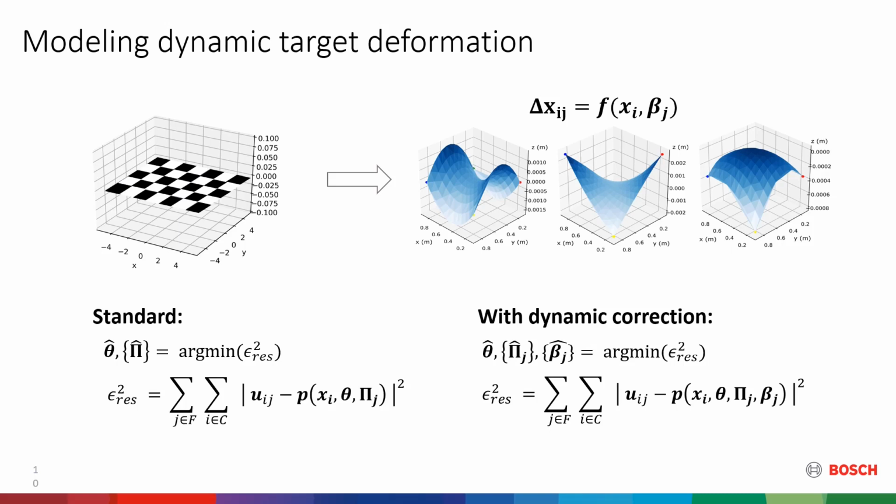This is achieved by describing the corrections delta xij by a function that depends on the board coordinates xi and a small set of parameters beta that can change for every image. The specific choice of the function may depend on the type of calibration target. We found that a simple paraboloid significantly improved calibration accuracies while adding only 3 additional parameters per image.